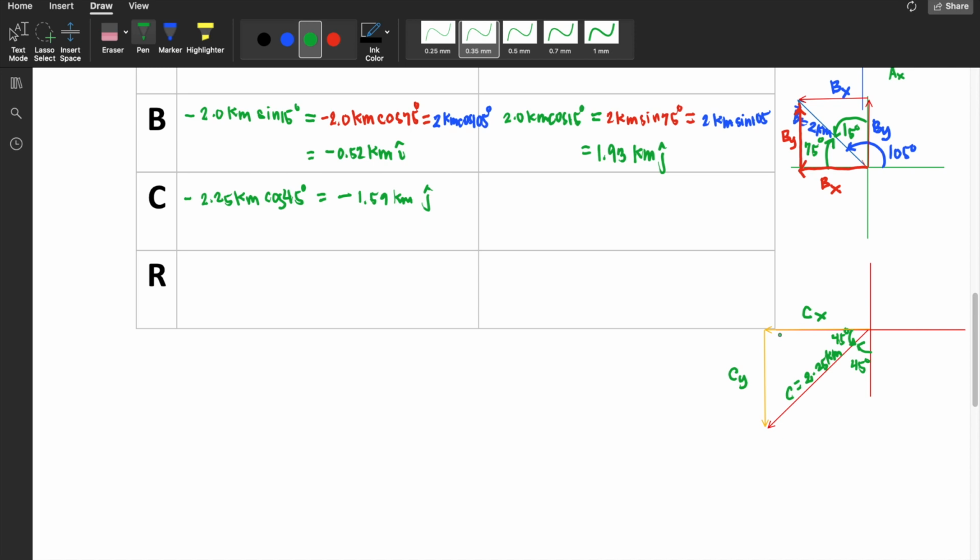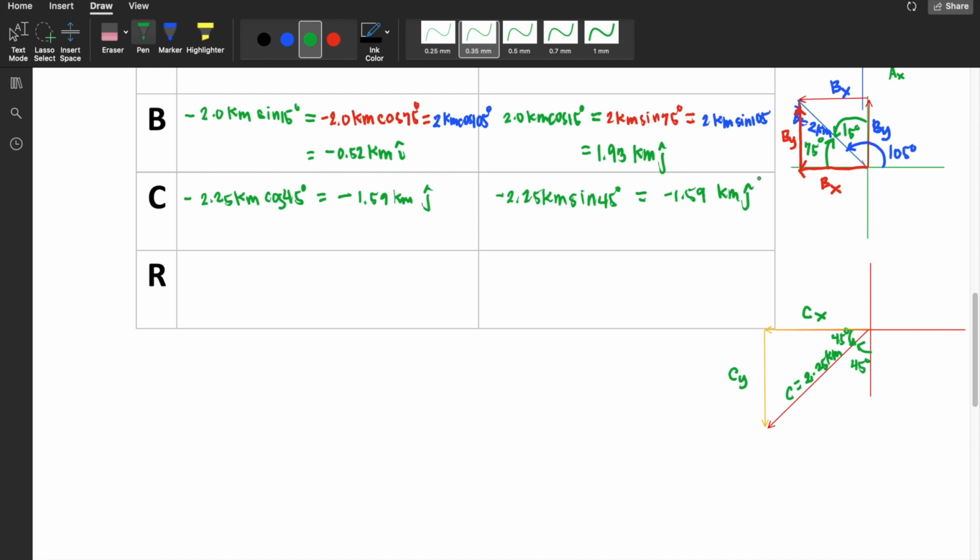On the other hand, your Cy is on the opposite side of angle 45, so sine. So negative 2.25 kilometers times sine 45 degrees, and you'll also yield the same answer, negative 1.59 kilometers j hat.